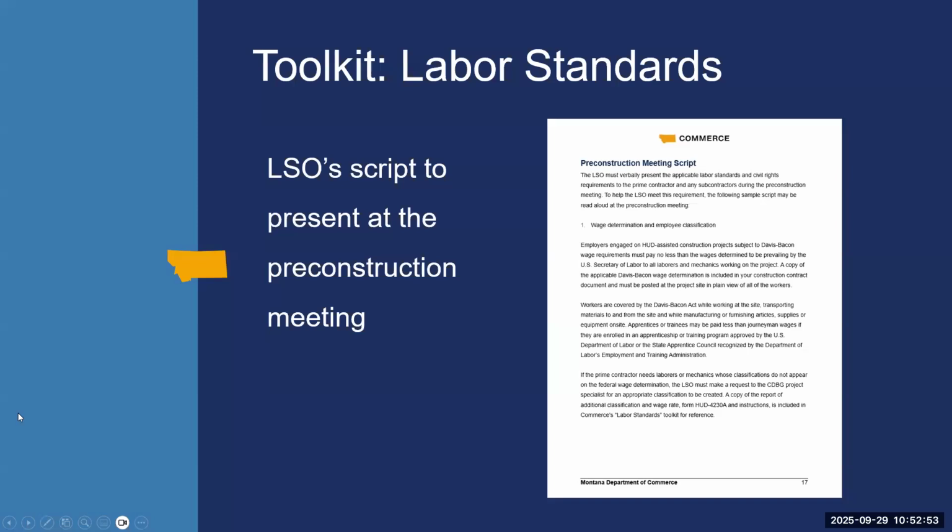Another highlight of the LSO toolkit is that we provide a script that the LSO can read at the pre-construction meeting that covers all of the information and requirements that must be verbally presented by the LSO to the prime construction contractor and subcontractors in attendance at the pre-con meeting. Next slide.